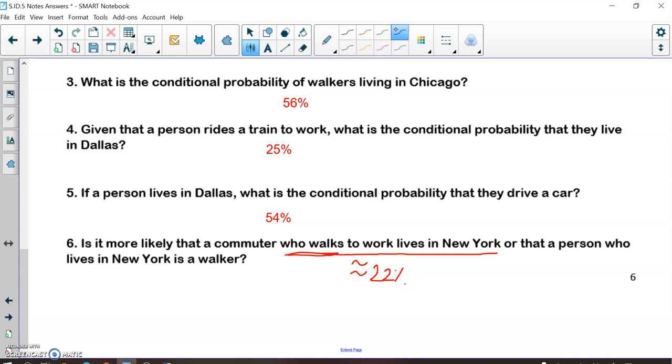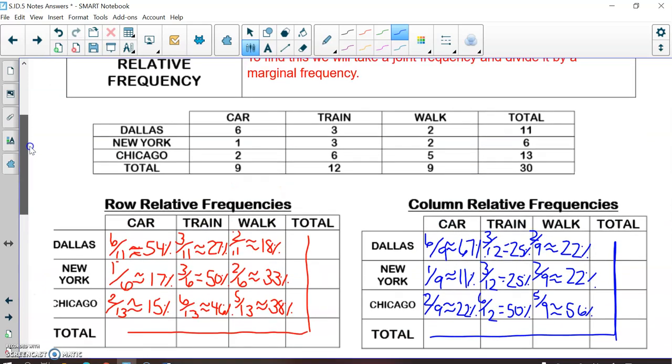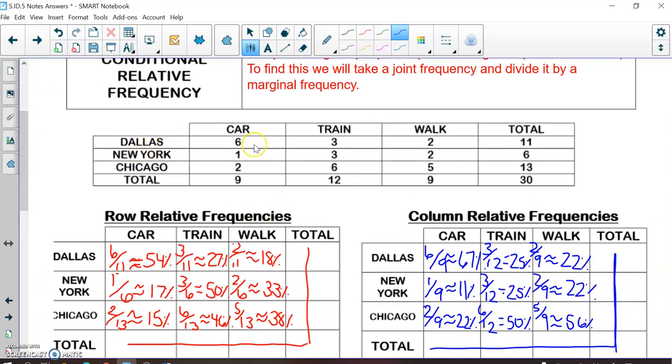Now the second sentence is that a person who lives in New York, so out of all the people that live in New York, how many of them were walkers? So if we look at my table up here, out of all the people that live in New York, there were 6 of them. How many were walkers? There were 2. Notice how I'm moving throughout this row.